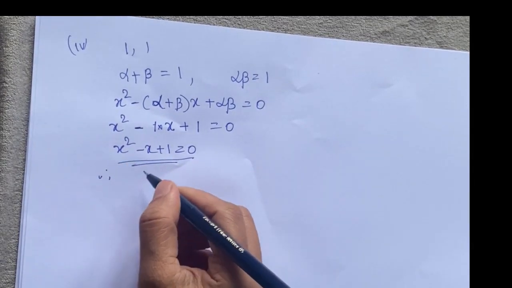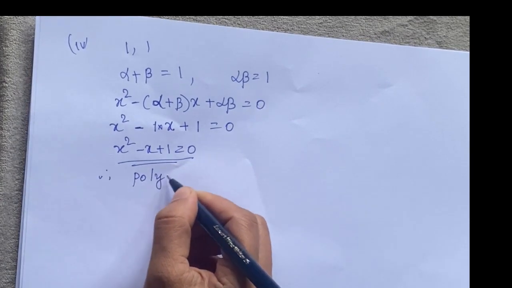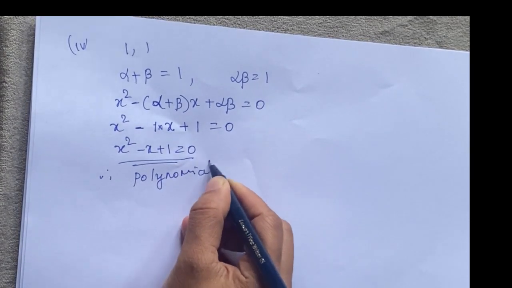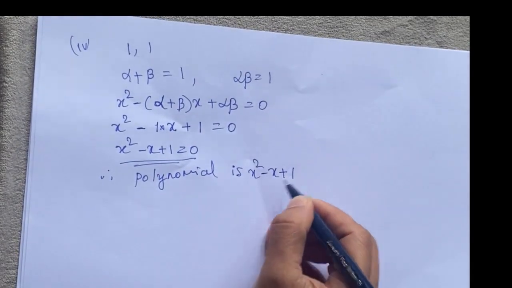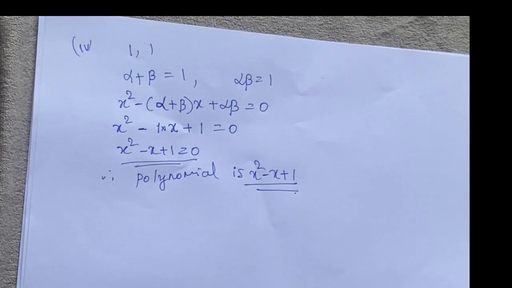Therefore, the required polynomial is x square minus x plus 1. This is the required polynomial.